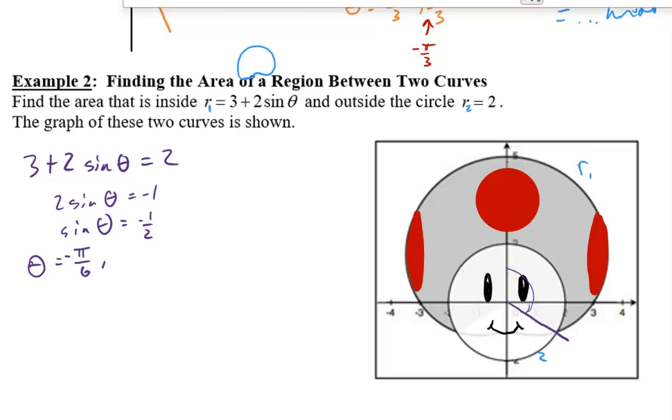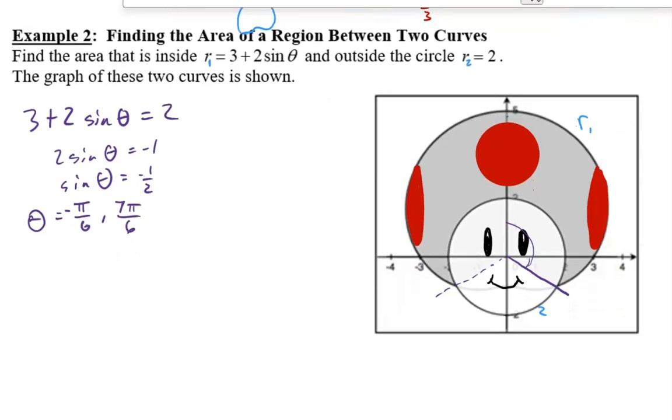I know we're going to use negative pi over 6, so I'll just leave that. That would also be 11 pi over 6, or over here in quadrant 3 for this other intersection point, which I don't really need to know because I have enough information, but it's going to be 7 pi over 6 if we were going in the normal counterclockwise direction. This is the one we're going to care about though, and we also know because of symmetry that we can stop at pi over 2 and then double it.